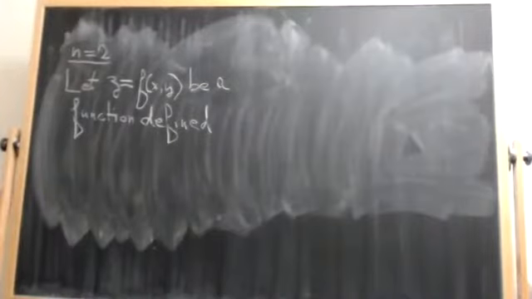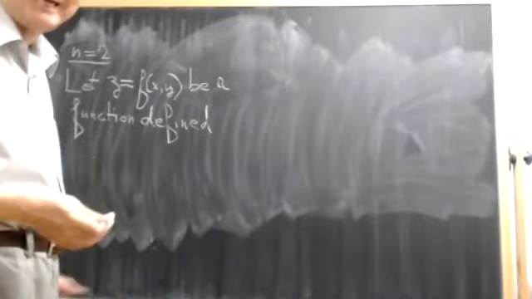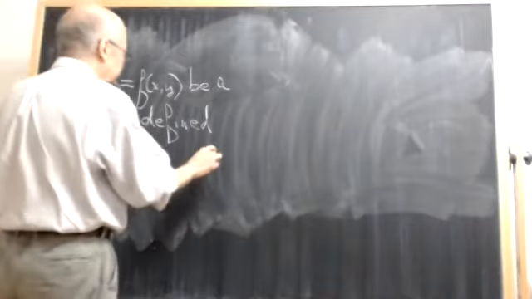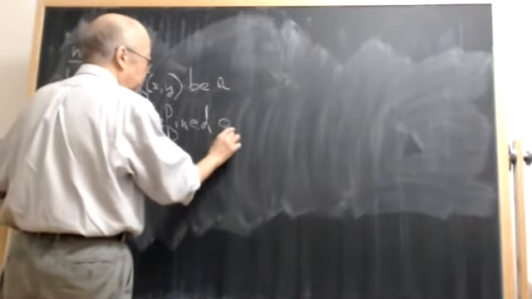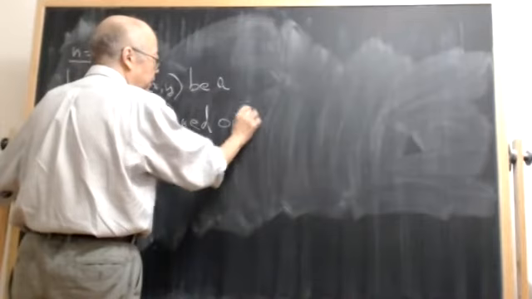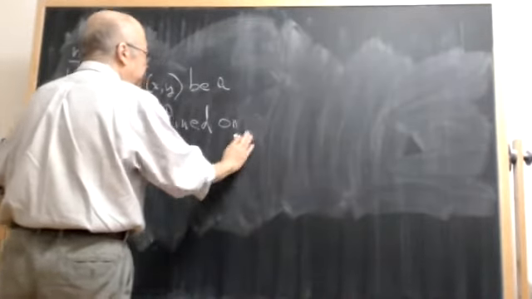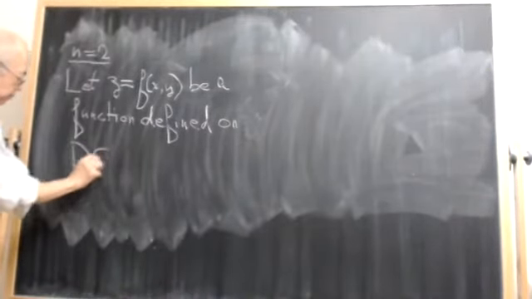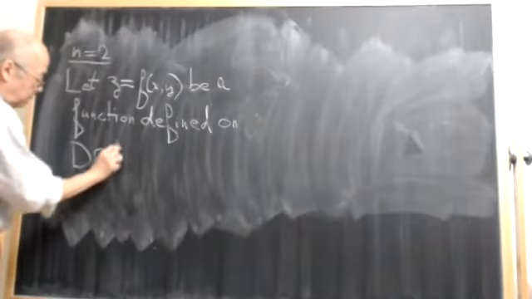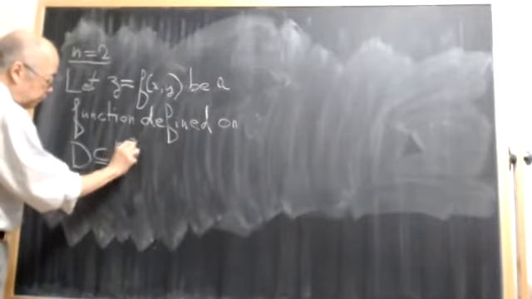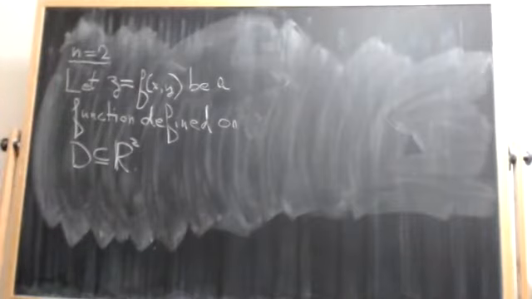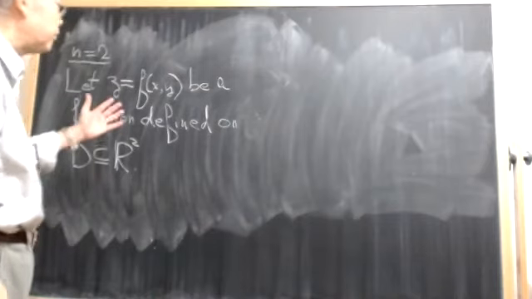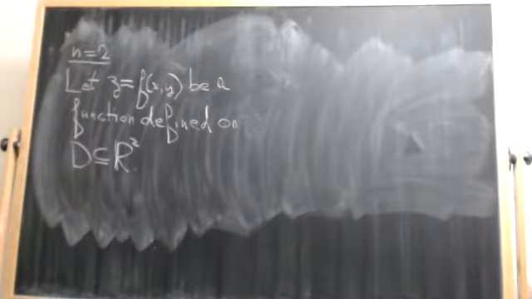So it's a function defined on some domain of the xy plane. Let's say B is a subset of R2. And we are going to look at its graph.